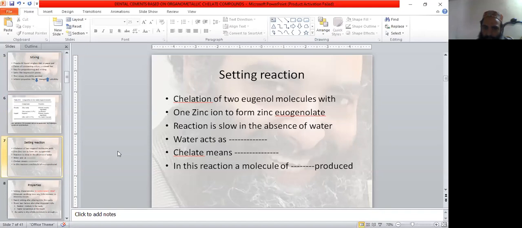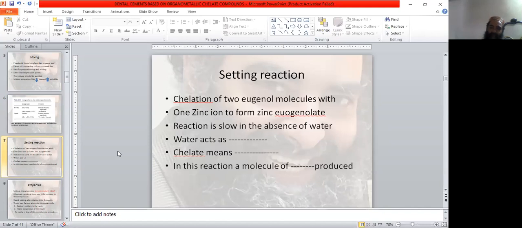Reaction is slow in the absence of water. So water acts as an accelerator. Chelate means claw.